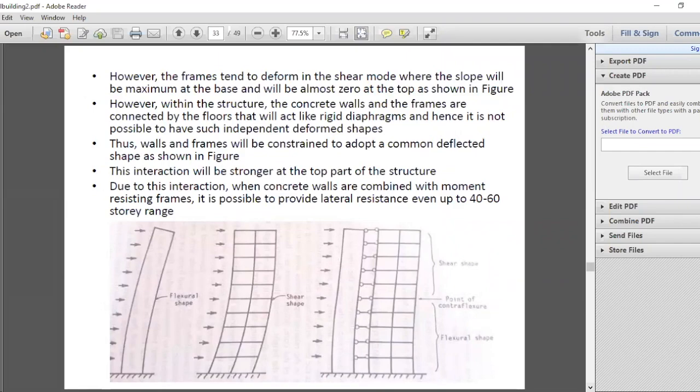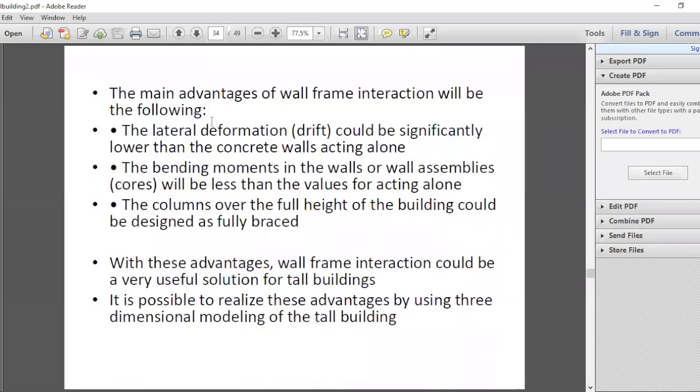So you can see we get an advantage by reducing deflection, and in doing so, we'll have lesser moments and forces acting on the wall. But at the same time, the main advantage of wall frame interaction will be lateral deformation could be significantly lower than wall acting alone.